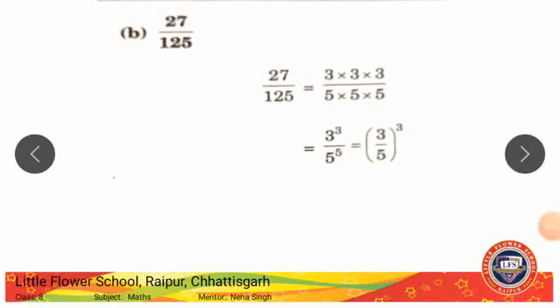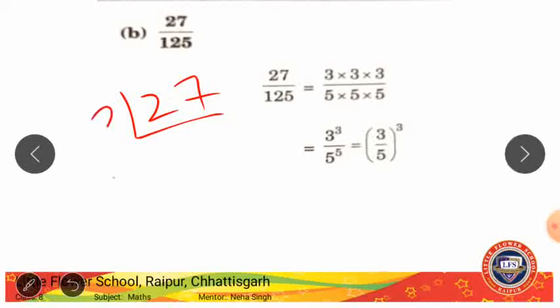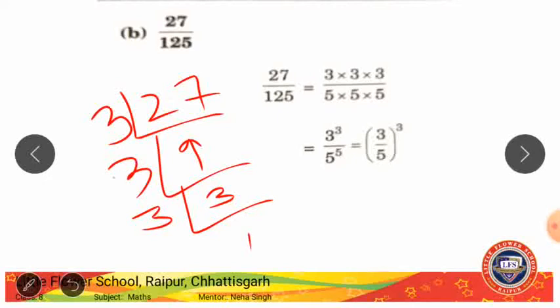Moving on now to the next question. 27 upon 125. We will prime factorize 27. How are we going to prime factorize? In the first chapter, squares and cubes, we have studied this topic. This can be divisible by 3. 3 9s are 27, 3 3s are 9 and 3 1s are 3. So the factors are 3 into 3 into 3, we'll write here.